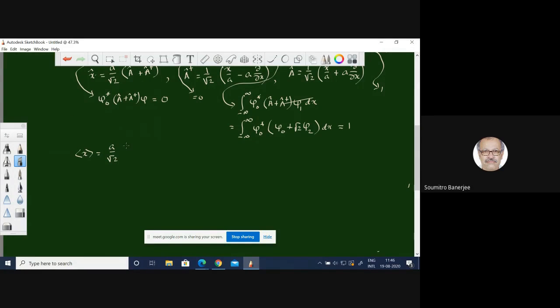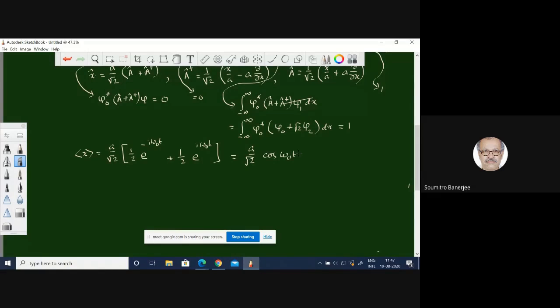It will become half e to the power minus i omega naught t times 1 plus half, this is all that has remained, e to the power i omega naught t. And this is something that we know. This is simply a by root 2. This is cos.